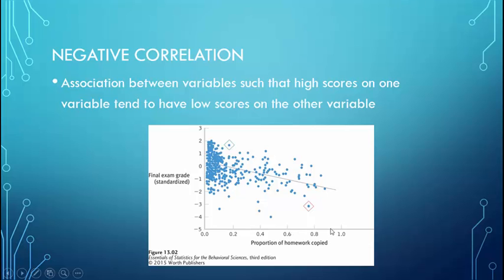And when you're higher on proportion of homework copied, you tend to be lower on final exam grade. In a scatter plot with a lot of points, you generally will see a downward sloping line from left to right. This means a negative correlation.